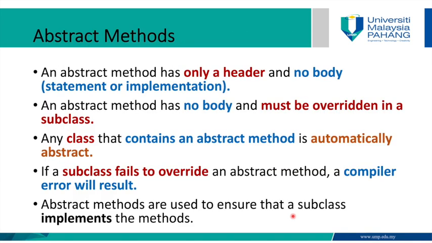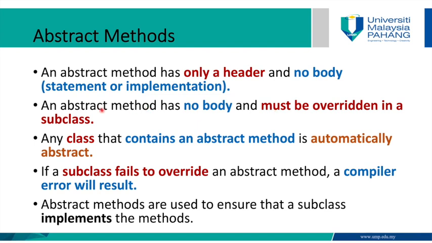So what is an abstract method? Actually, an abstract method normally has only a header and no body. No statement or no implementation in it. It's empty, only the header with a semicolon, that's it. And an abstract method has no body and must be overridden in the subclass.